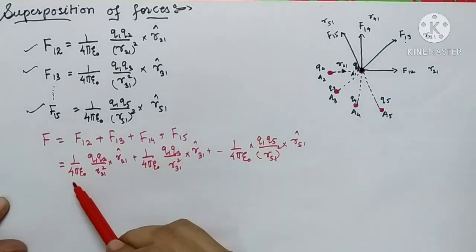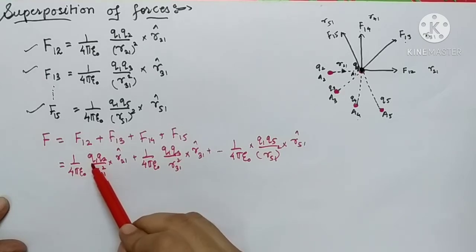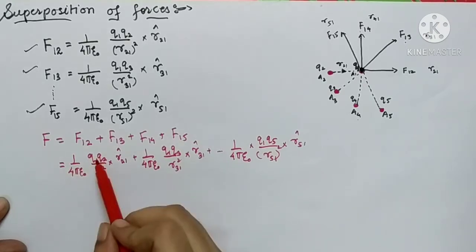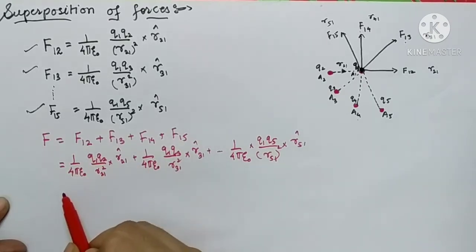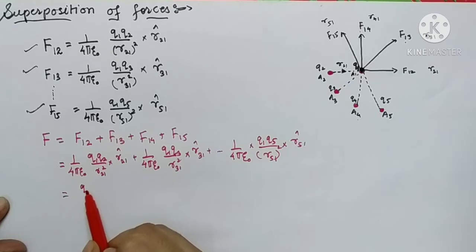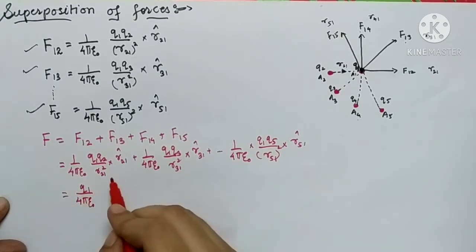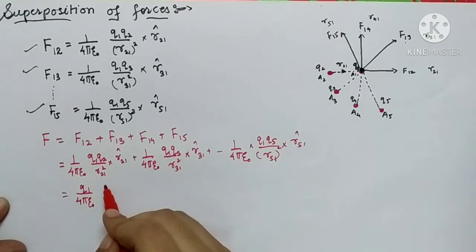So here 1 upon 4 pi epsilon 0 and Q1 are common in all the terms. So it can be taken out as Q1 upon 4 pi epsilon 0. Now the remaining terms will be there in the bracket.